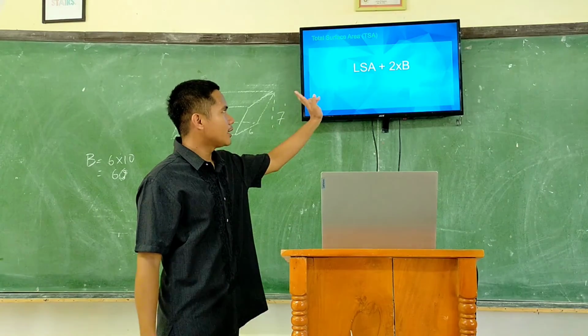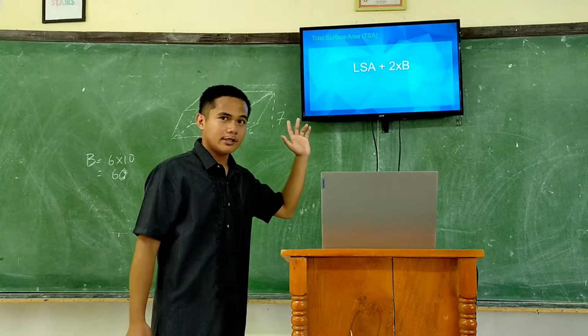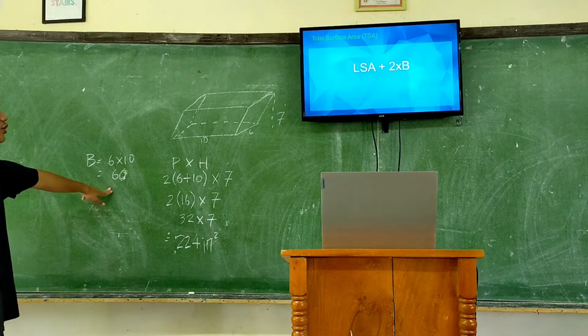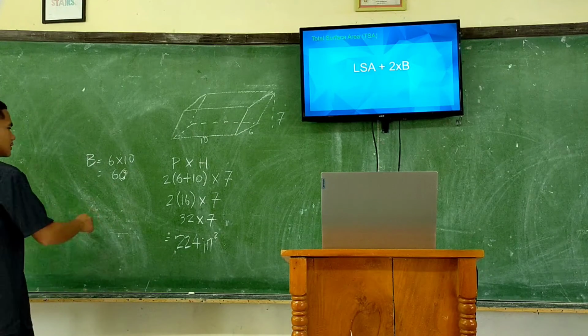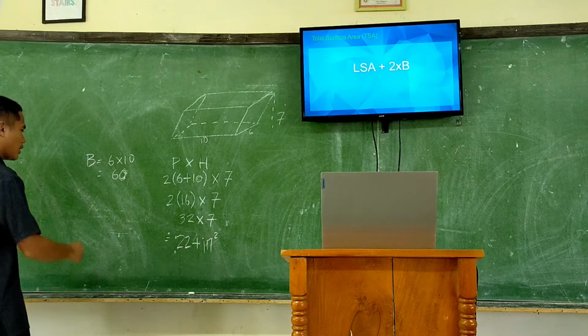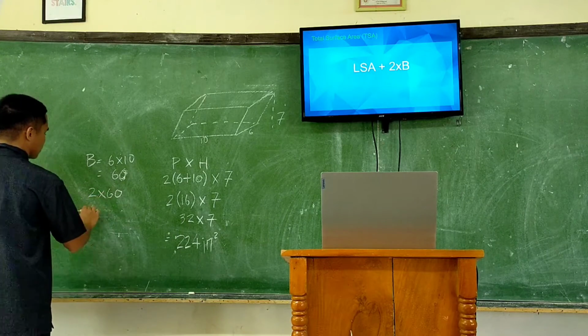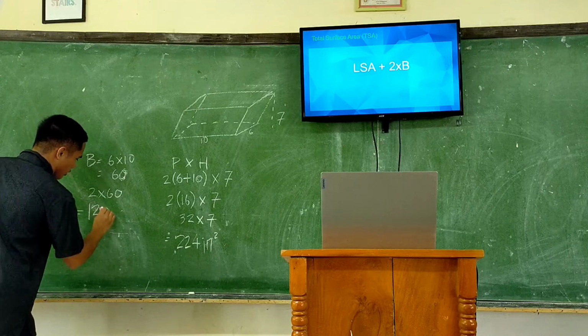Ayon sa formula, ang sabi, LSA plus 2 times B. So, i-multiply pa natin yung 60 sa dalawa. 2 times 60 is equal to 120.